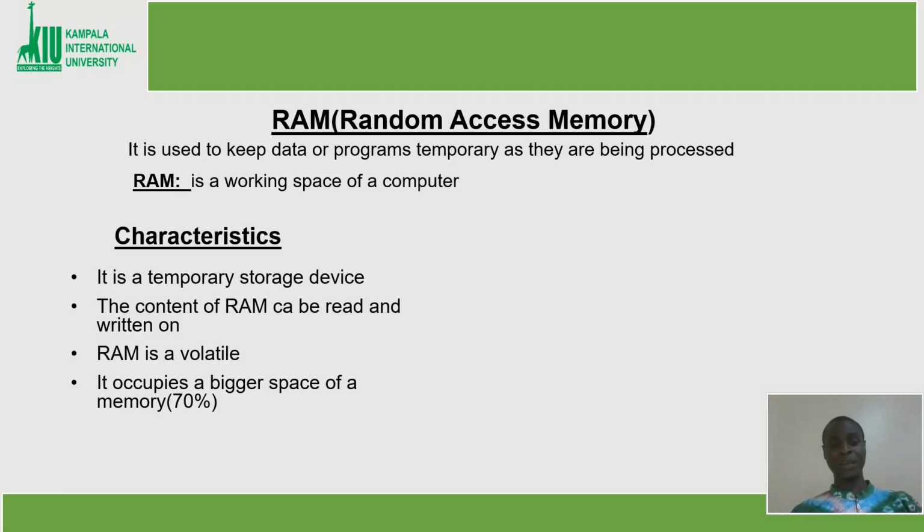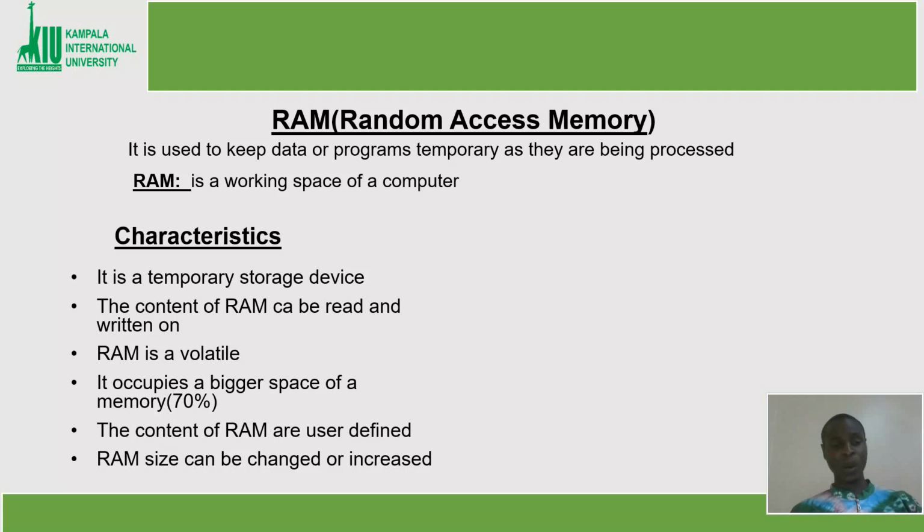It occupies a bigger space of memory. Next, the contents of RAM are user defined. Next, RAM size can be changed or increased. Next, we have the types of RAM.